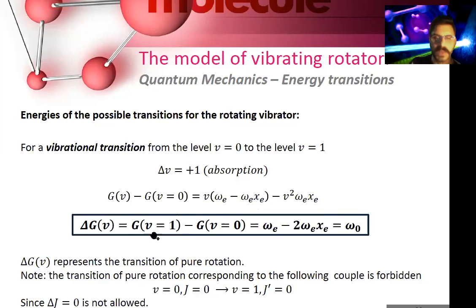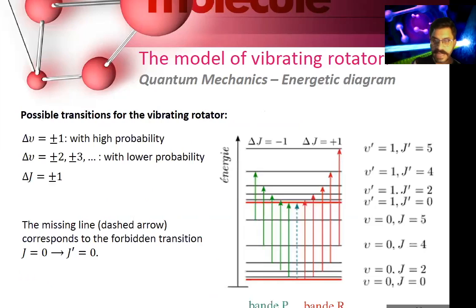Obviously, if v equal 1, so if you are doing the first transition, you get this. Well, this we call omega 0. Omega 0 here is the spectral energy difference between v equals 0 and v equal 1. So if I go back here, it's this dashed line of energy, because notice, this is from v equals 0 to v equal 1. So we call it omega 0.